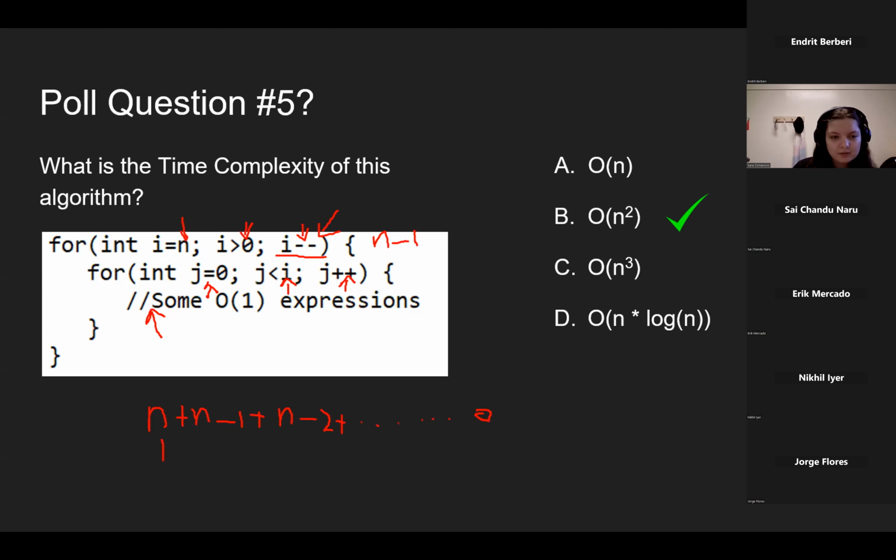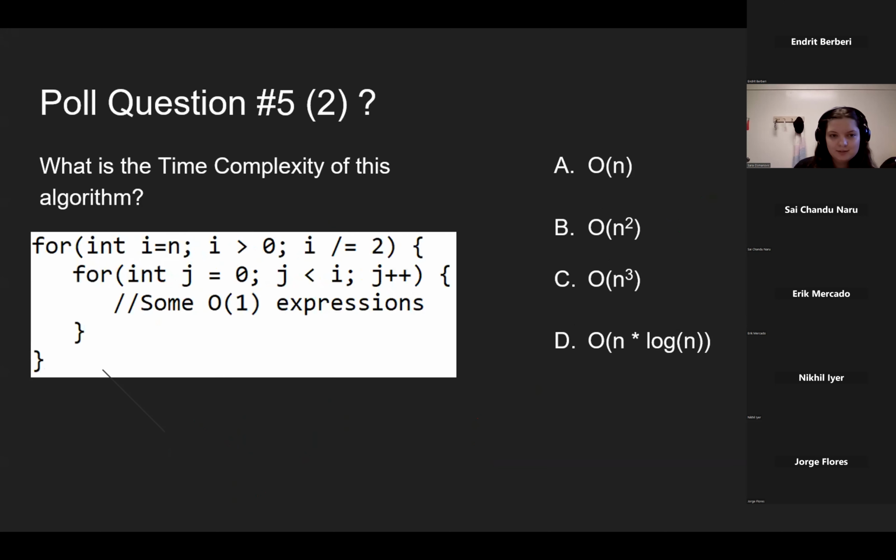And it's going to have n appear here basically n times because this is n minus n. So we have n times n, and that's going to be n squared because i is decreased linearly. That's the trick. The linear part. We're just decrementing by a constant.